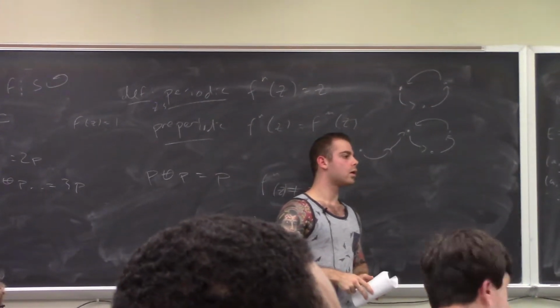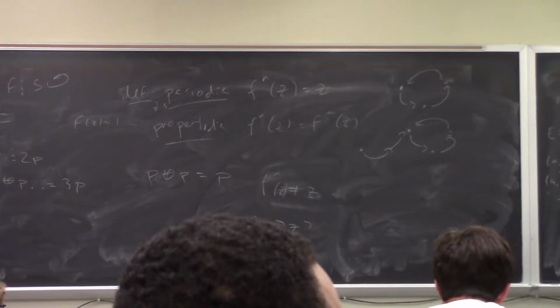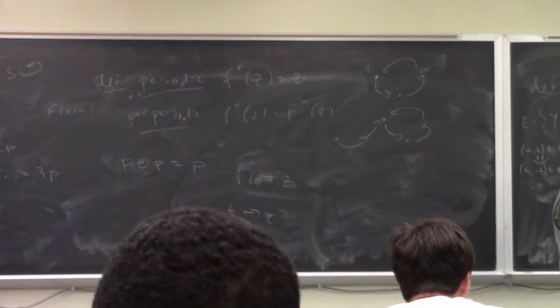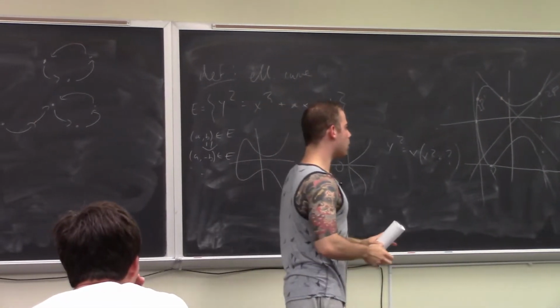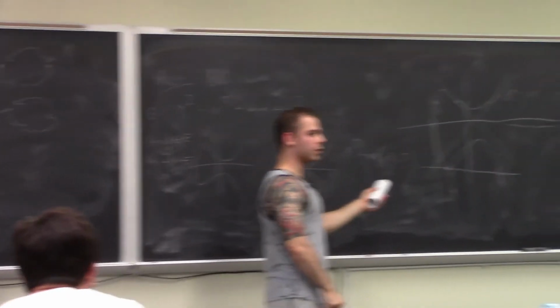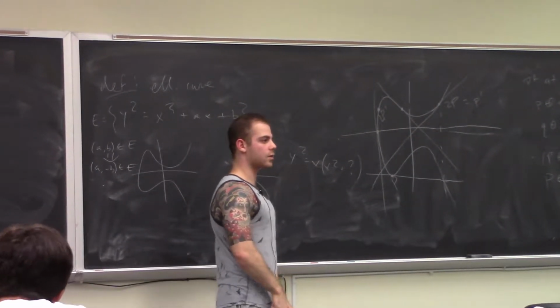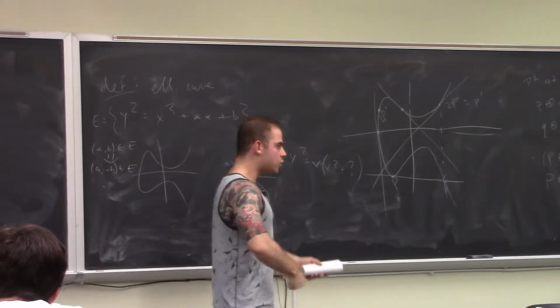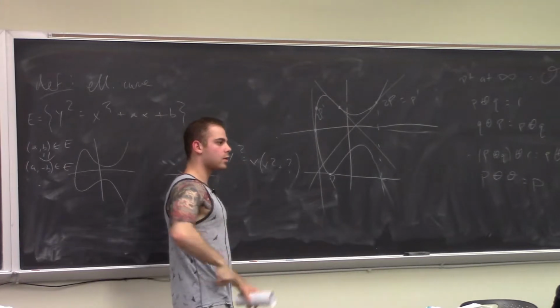You said we don't know points that can be periodic in order 2, right? Well, the order 2 points you can describe, or p plus p equals p. When I said we don't know, I meant if you just stare at an elliptic curve, picking a point that satisfies that might be a difficult thing to do. Visually, it's hard to think about where these points are going to go. But we can get a computer to do it?